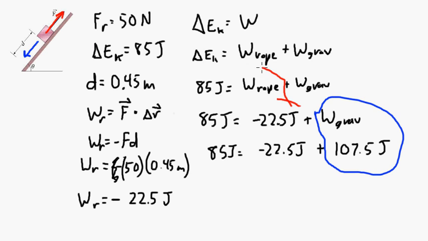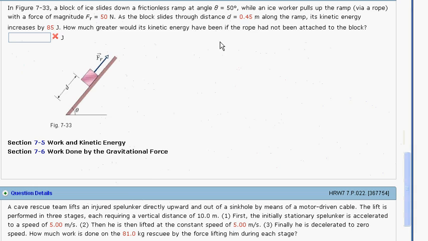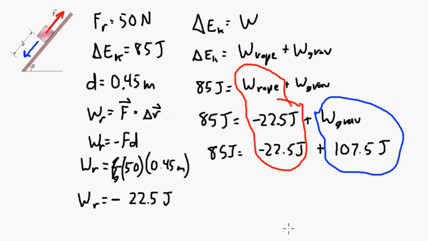Okay, now what they're asking is how much more would the block's kinetic energy be if the rope had not been attached to the block. What if this rope had not been there? How much more kinetic energy would it have? Well, in that case, the work done by the rope would be 0, obviously, because it's not there.